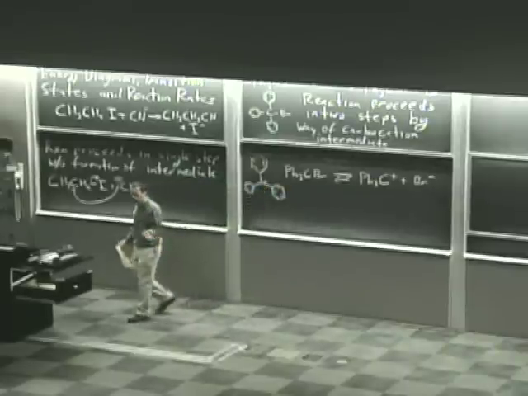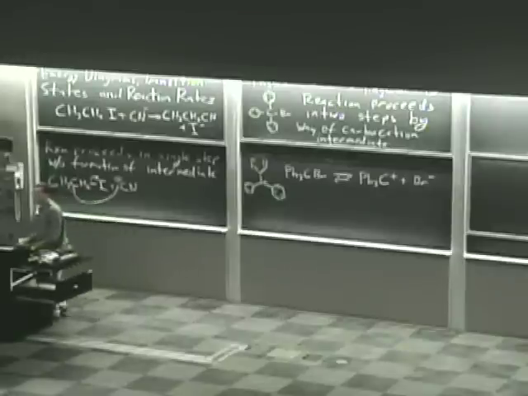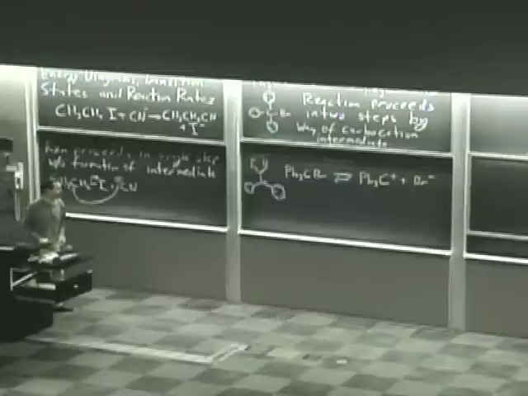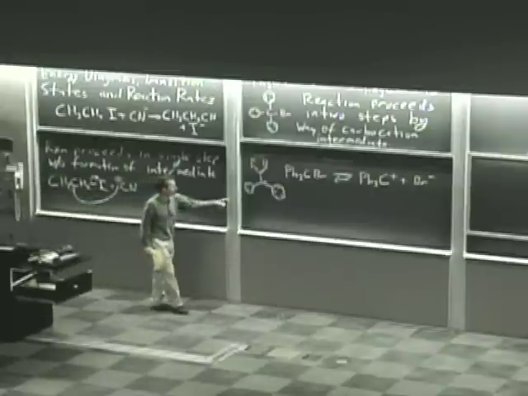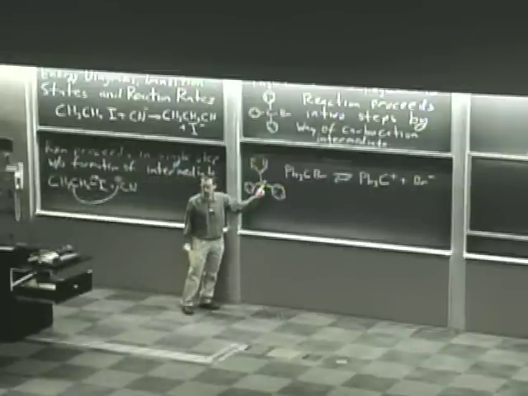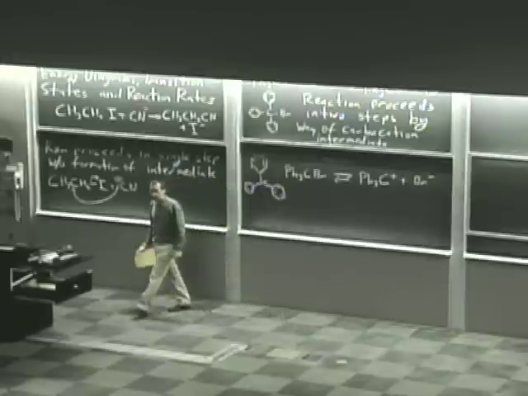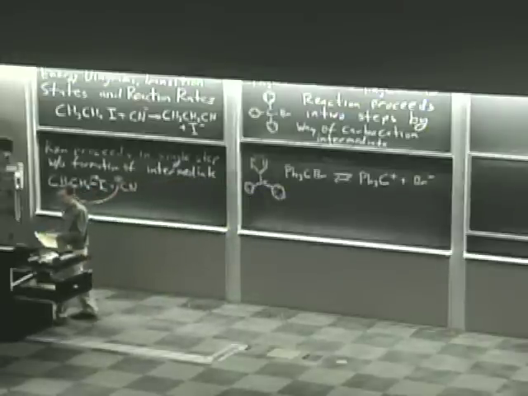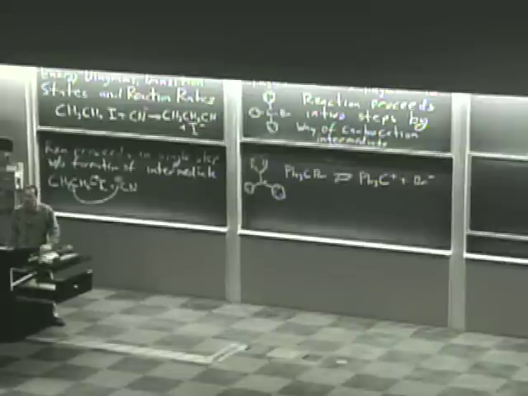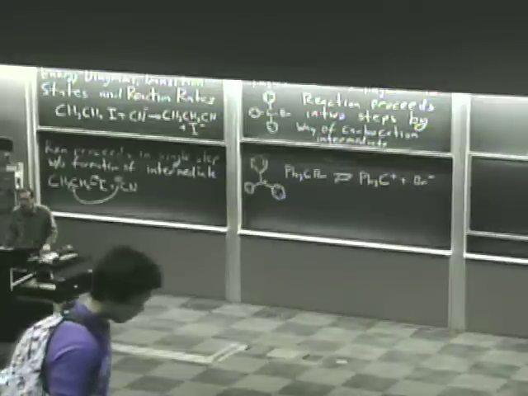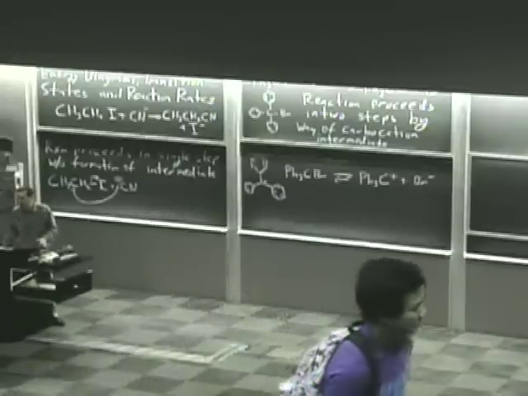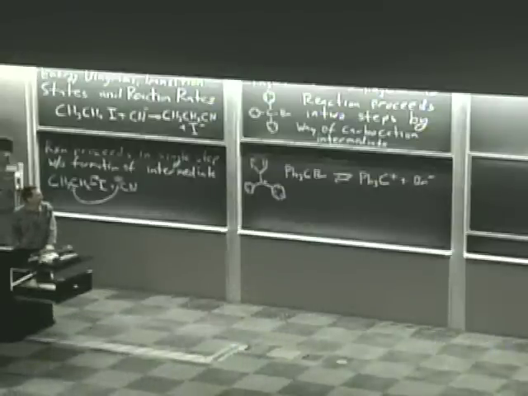The other reason, which we're going to be coming back to in chapters 7 and 8, is that tertiary carbocations, carbocations in which you have 3 carbon substituents on the carbon bearing the positive charge, are much more stable, much easier to form than primary carbocations, carbocations in which you have 2 hydrogens on the carbon bearing the positive charge.